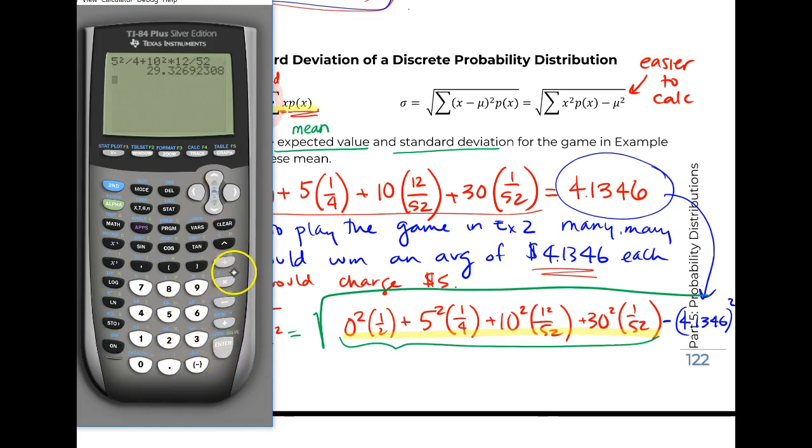And then, oops, I forgot to do the plus 30 squared divided by 52. I could do times 1 over 52, doesn't matter. So that's what we get for the first part. Then I subtract off 4.1346 squared, and then we're going to take the square root of all that. Cool. So our standard deviation here is 5.4350.